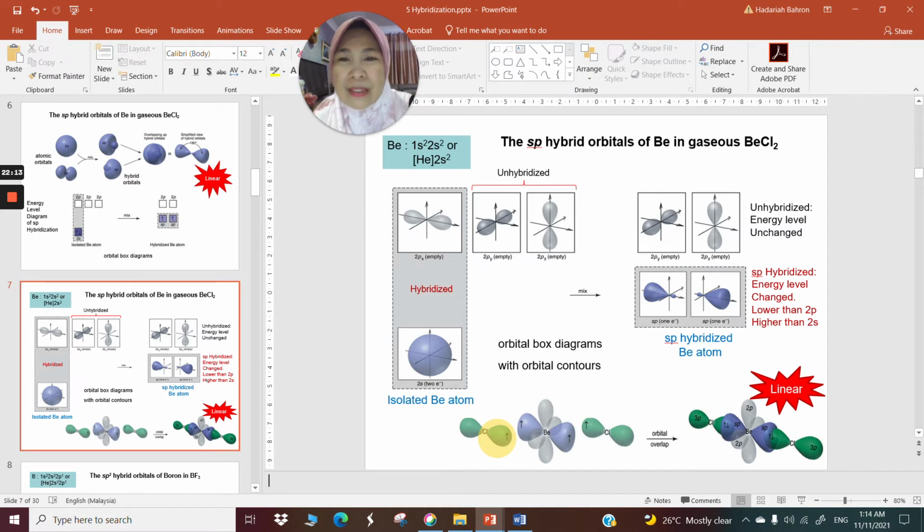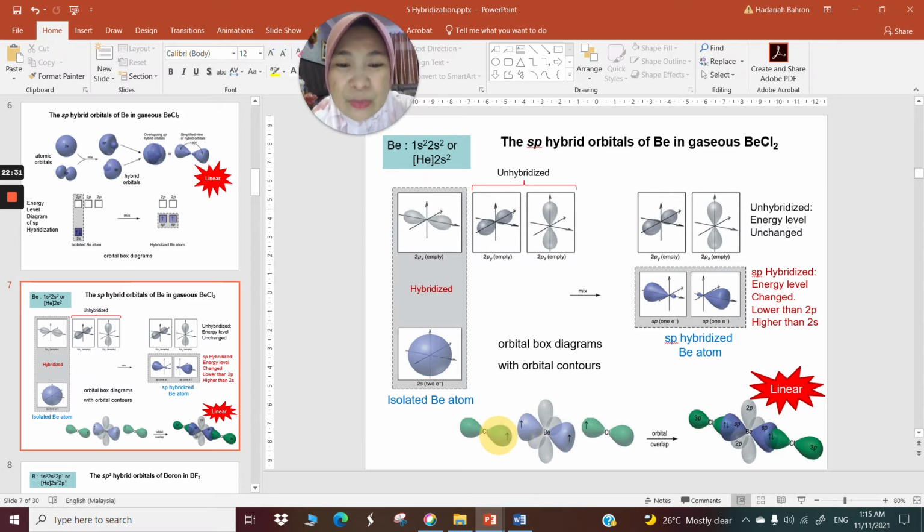So in the p5, you're going to have two paired up, another two paired up, and that's one unpaired. So this is the unpaired electron of the chlorine. It's going to pair up with this unpaired electron in the sp orbital. And it's going to make a bond.